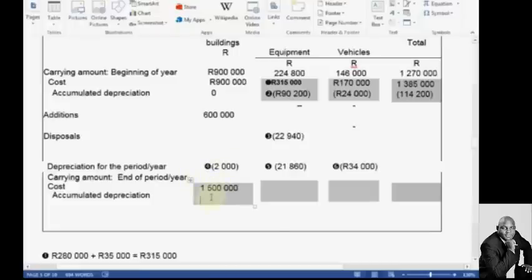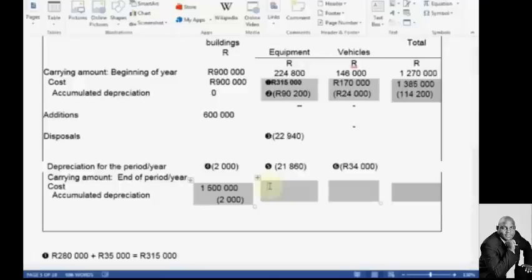Okay, that's straightforward. Depreciation, we know we only have one. It's that 2,000 there. Okay. Like I said, I'm not going to do the totals. Those are easy. You can figure them out.